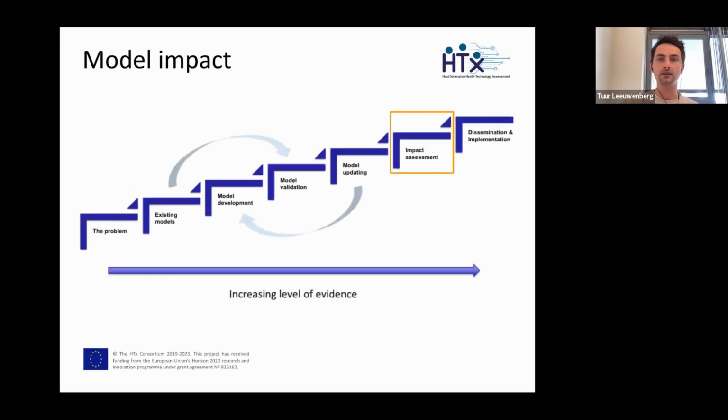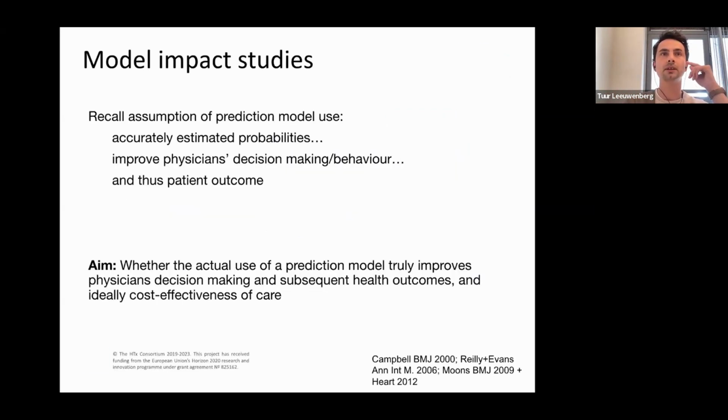The last two steps are, once you have a model which really predicts well, you still want to check whether it actually improves patient outcomes or the treatment process. That's the model impact assessment.